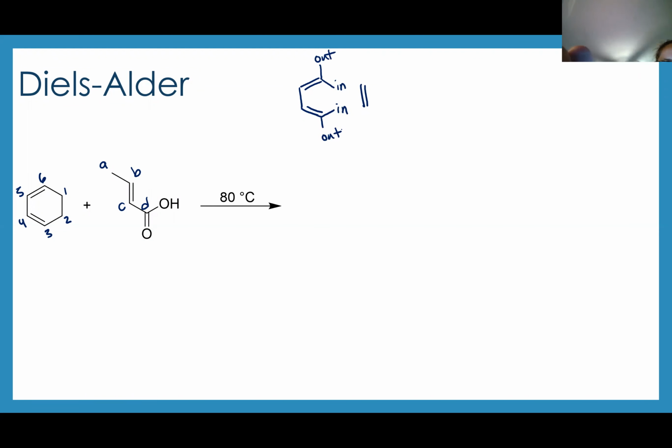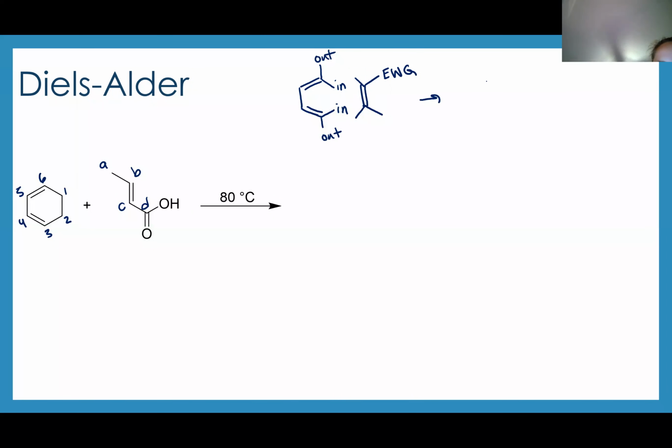And then your dienophile can have substituents on it as well. In our major product, we want the electron withdrawing group to be going in the same direction as the outside groups. One of the big things that you have to remember is that the conformation of the dienophile is going to be conserved into the product. So let's say you have an electron withdrawing group here.